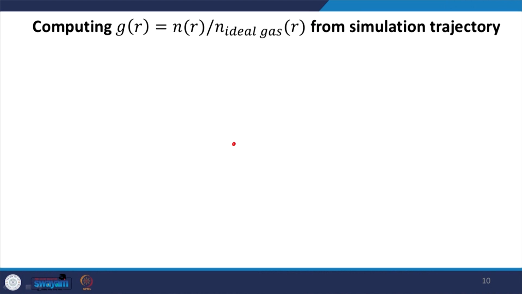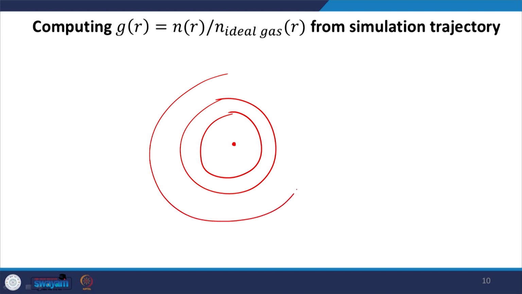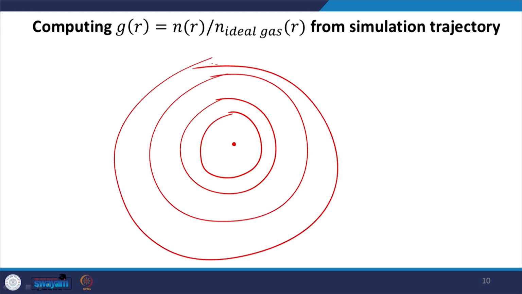So, let us say for example, if I am looking at any reference atom in the system, we can imagine that there would be small cells around it, and this construction is purely imaginary.